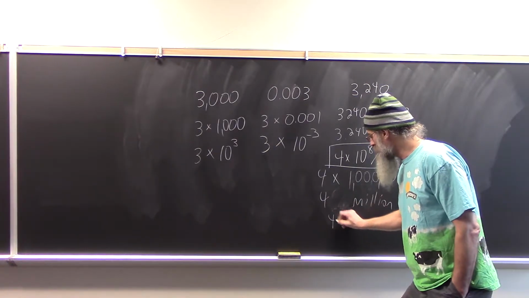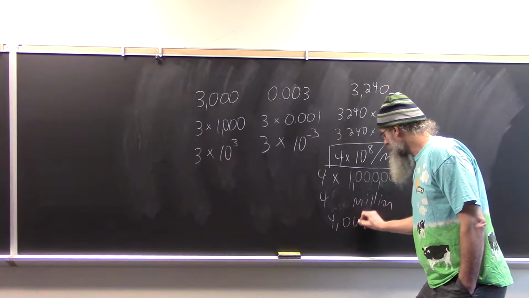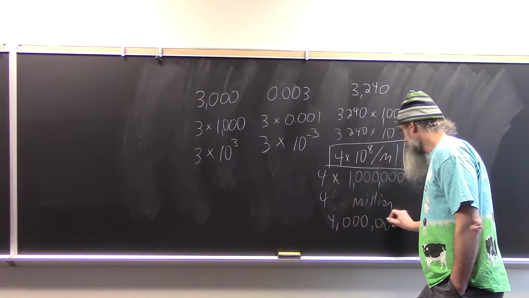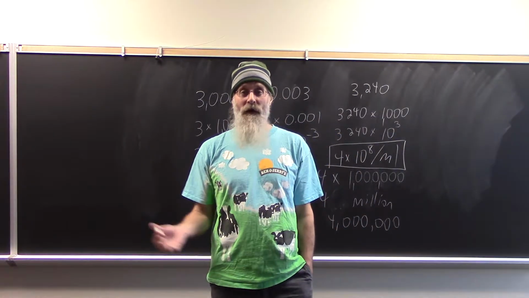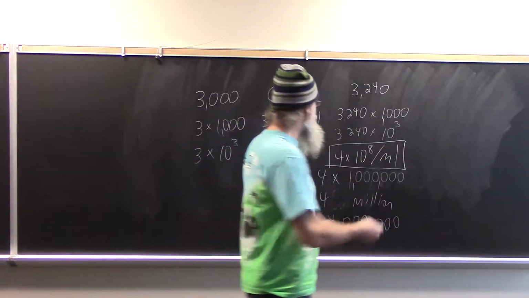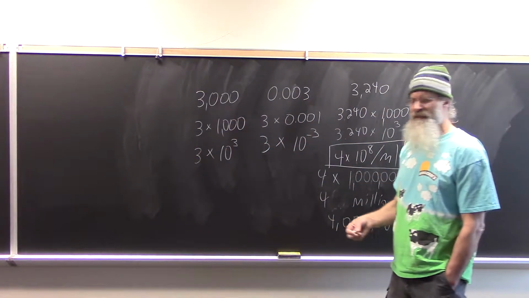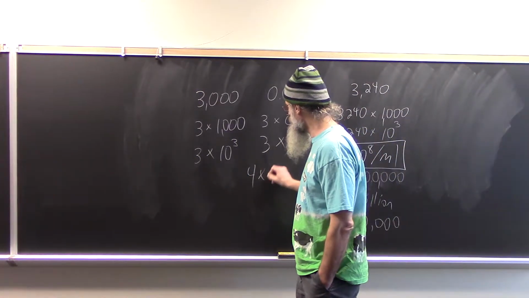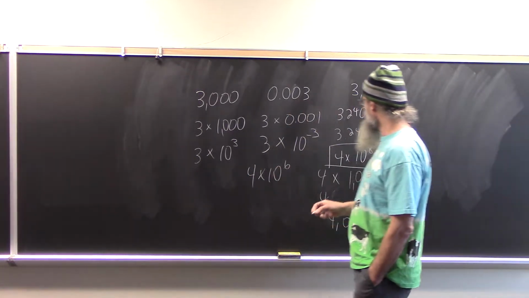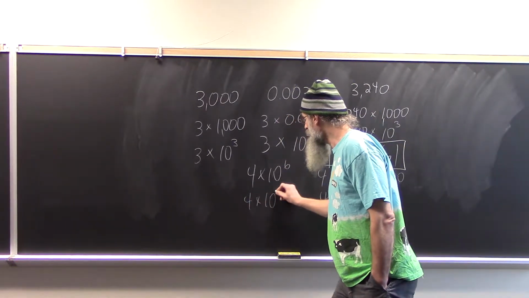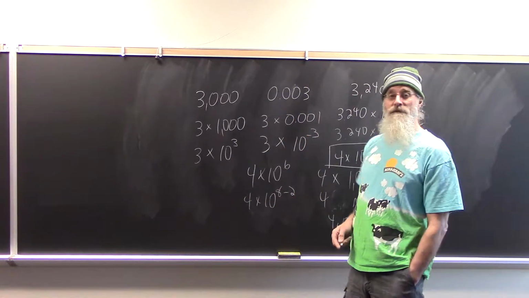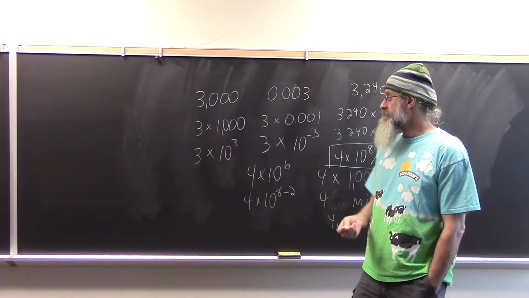But maybe we could write it out as like that. To me, that's absolutely awful. But if I said a 100-fold dilution of 4 times 10 to the 8th, well, that's easy. That's 4 times 10 to the 6th. How did I come up with that? I simply took 4 times 10 to the 8th and subtracted 2 for that 100-fold dilution.